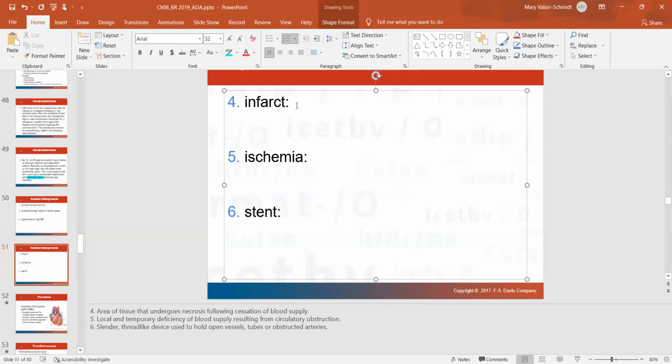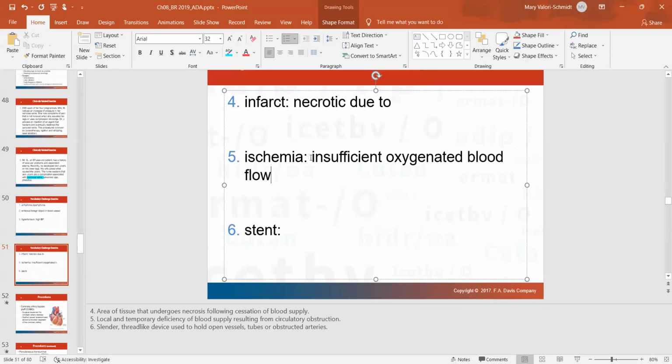That's the tissue that's been damaged or killed because of not enough blood flow. So necrotic tissue due to what? Ischemia, because ischemia is insufficient oxygenated blood flow. Very good.